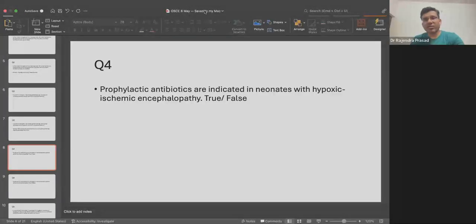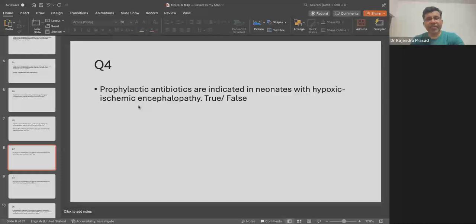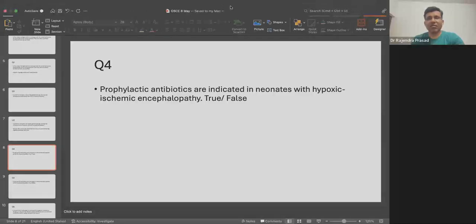Somehow I cannot see the chart. Yeah, false. Okay.